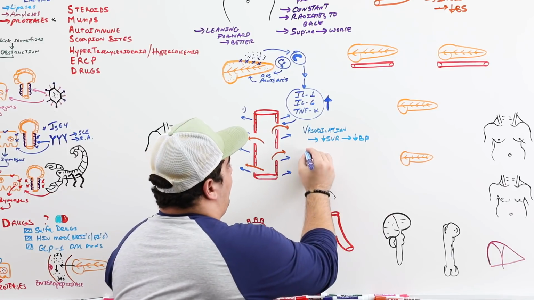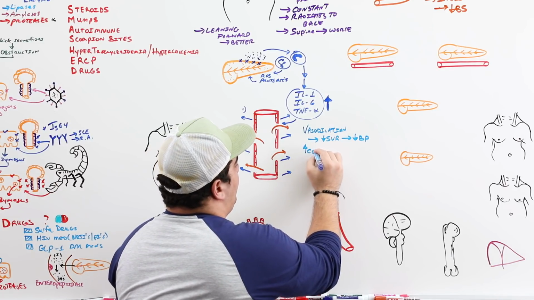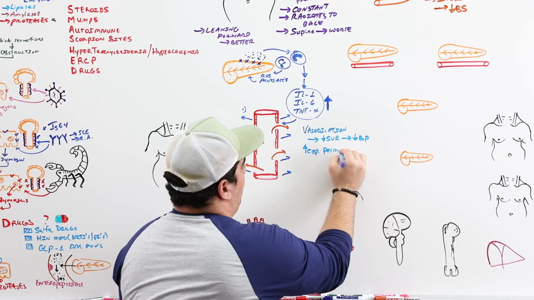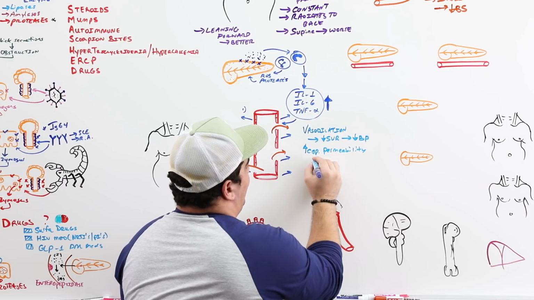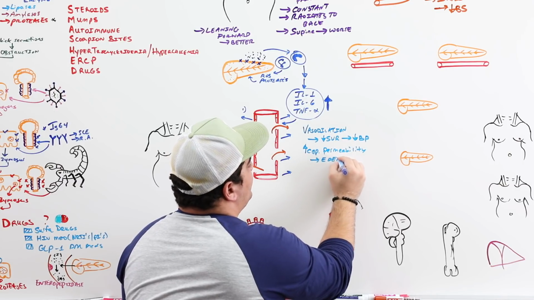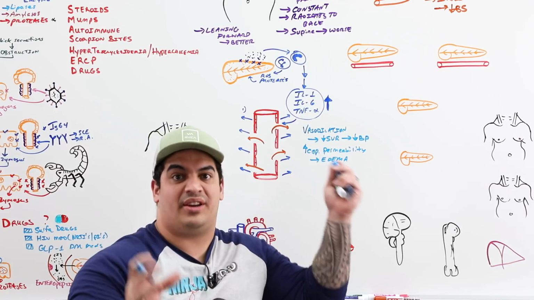The other thing is that if you have an increase in the capillary permeability, that's going to cause a lot of edema, like interstitial edema. So edema is going to fill up in different areas of the body.